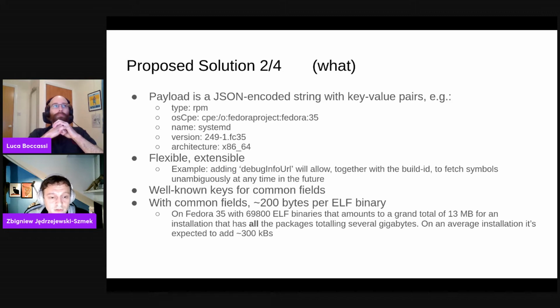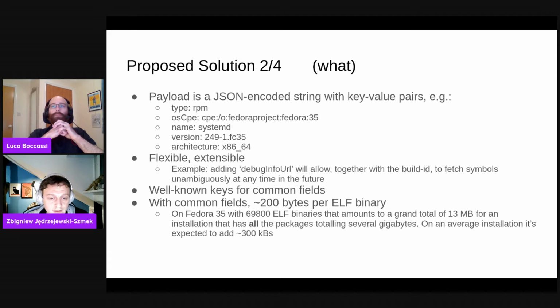This blob of text specifies the vendor. The key is an external format that tells us what distribution this is, and then we have the name of the package, the version, the architecture, and since this is JSON, you can add new keys. Parsing is trivial. There's a million libraries to do it.